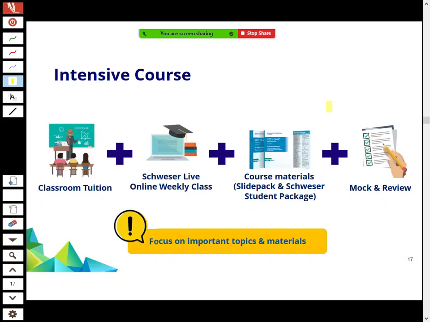On top of that, we have prepared study materials which we think are more effective for preparing for the examinations. And at last, we have the mock review, for all our students to have the experience of taking exams, to make sure that everything has been checked and nothing has been missed out.